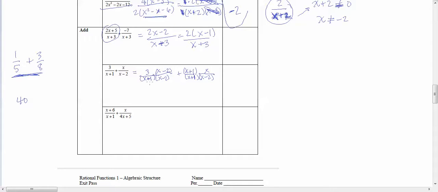Now, since these two things have a common denominator, I can add the tops and keep the denominator, x plus 1 times x minus 2. Now I'll write it out for you.